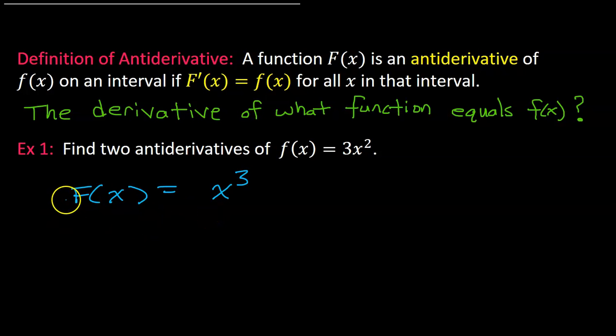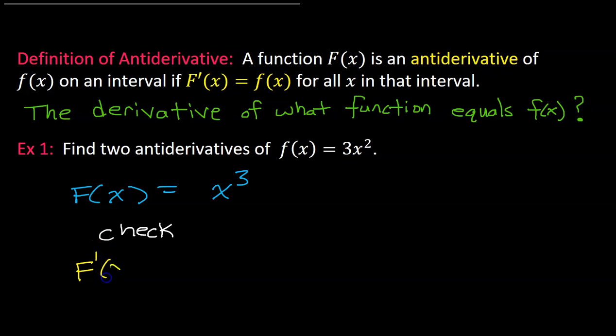Let's check. So this is our guess. Often we will find an antiderivative by making a guess and then making some modifications. So let's check this answer. If this is truly an antiderivative, if I take the derivative, I should get 3x squared back again. So let's take the derivative.